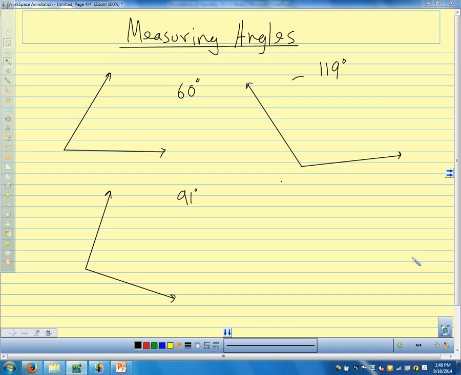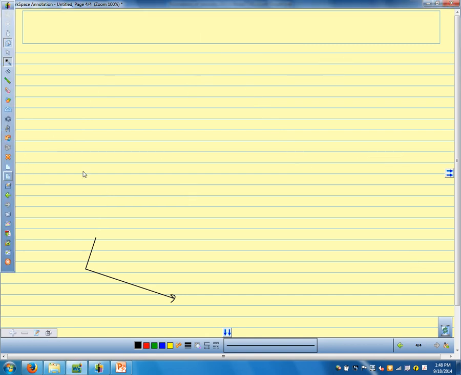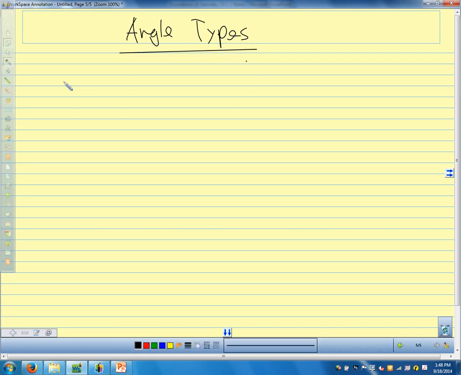We have some important types of angles. We see these names come up a lot, and it's important that we know what we're talking about when we see these angle types. So what is a right angle? 90 degrees. When we draw a picture of a right angle, the way we know from the picture that it's a 90 degree angle is they put a little square there.